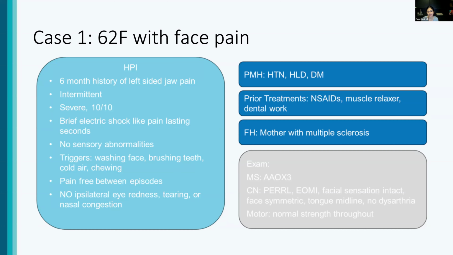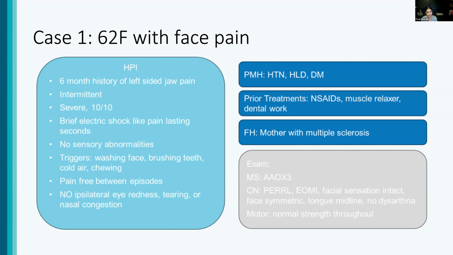So things like washing the face or brushing the teeth or cold air blowing on the face can trigger these pain episodes. I mentioned that she doesn't have any ipsilateral autonomic features. That's a key pertinent negative in her history to rule out a trigeminal autonomic cephalgia.